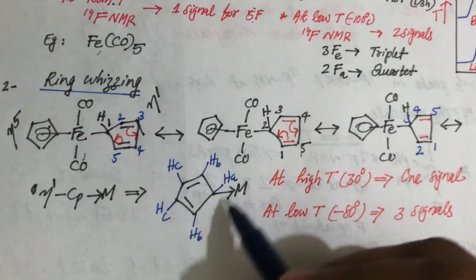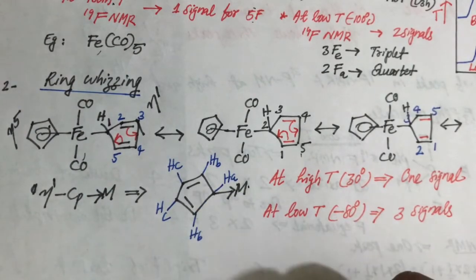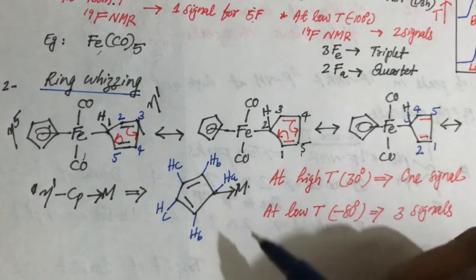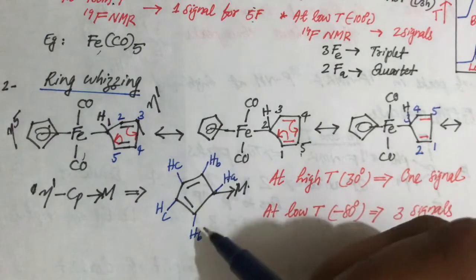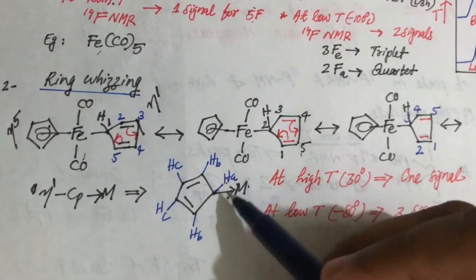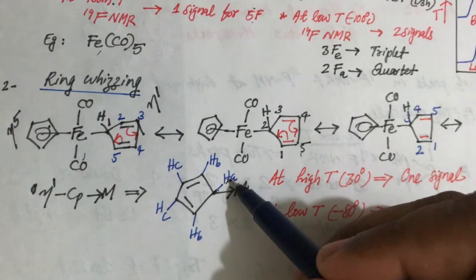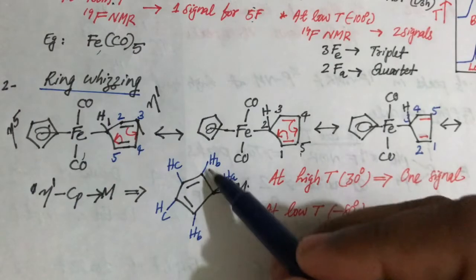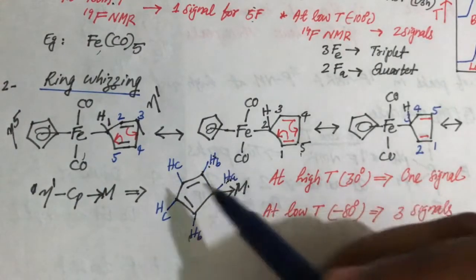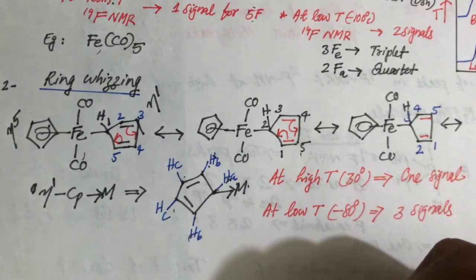So I am taking this as a situation: this is the metal, and this is your ligand. When we analyze it, here you have one proton, here you have one proton, and so on. This proton is in one chemical environment, designated as HA, these two protons are in the same chemical environment, designated as HB, and these two are in the same chemical environment, designated as HC.